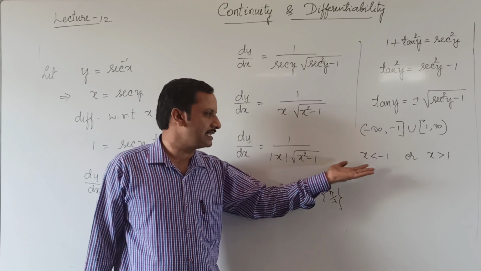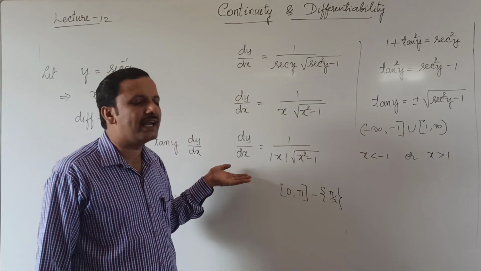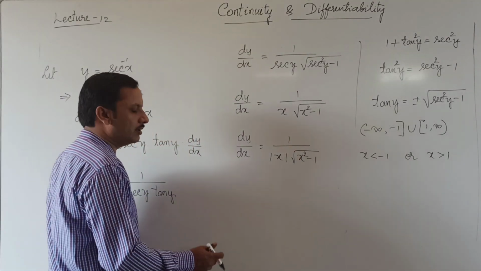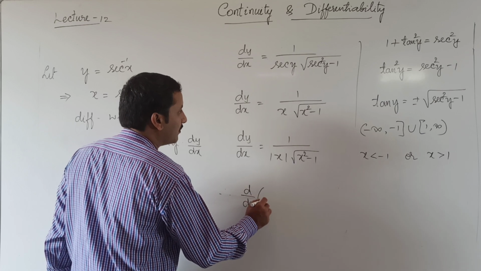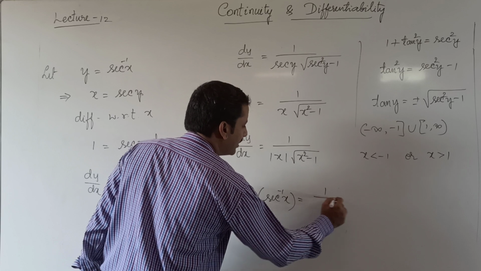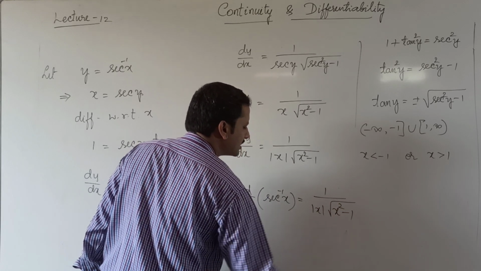For x less than minus 1 or for x greater than 1, the derivative of secant inverse x is 1 by mod x into root x square minus 1. d by dx of secant inverse x is equal to 1 by mod x into root of x square minus 1.